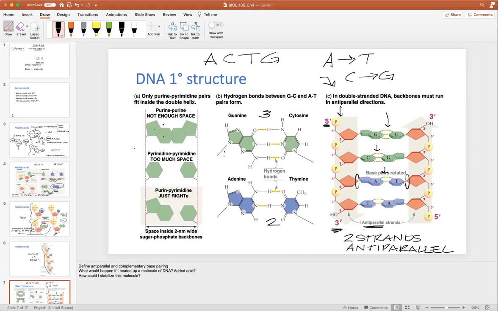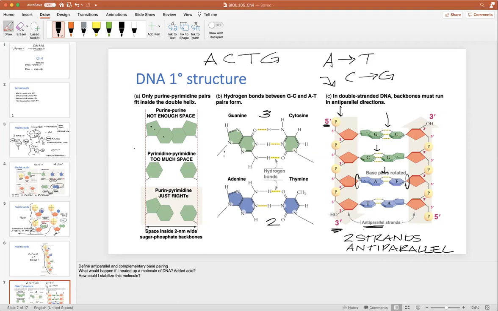So I wanted to move to this one last. Remember how I told you that purines and pyrimidines always associate with each other? Notice that in this space here, we've got 1, 2, 3 rings, 1, 2, 3 rings, etc. And it's the 3 rings together that create the perfect amount of space between these 2 strands of the DNA molecule.